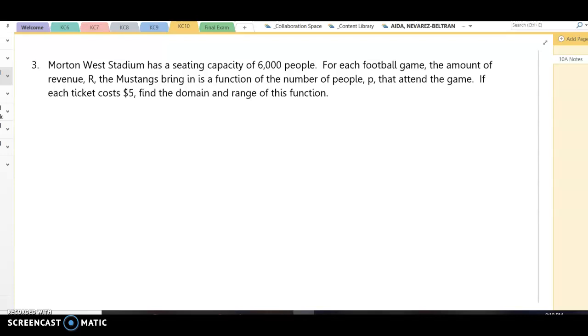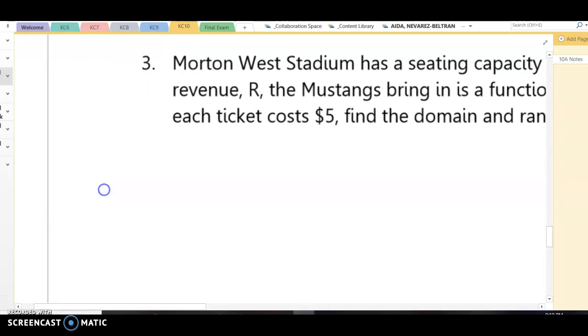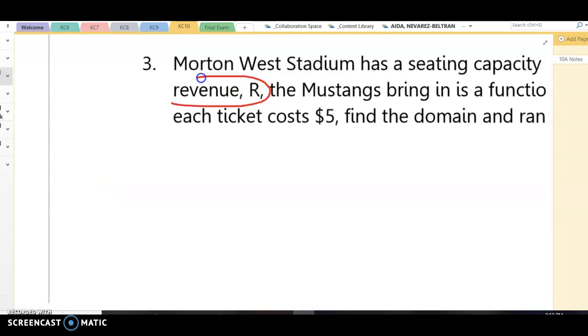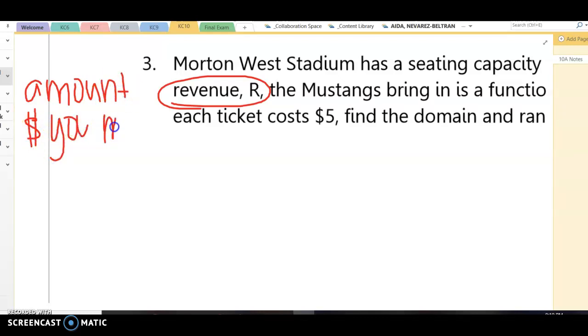So Morton West Stadium has a seating capacity of 6,000, so that means you can have up to 6,000 people in the stadium. Then for each football game, the revenue R the Mustangs bring in, revenue is the amount of money you make.